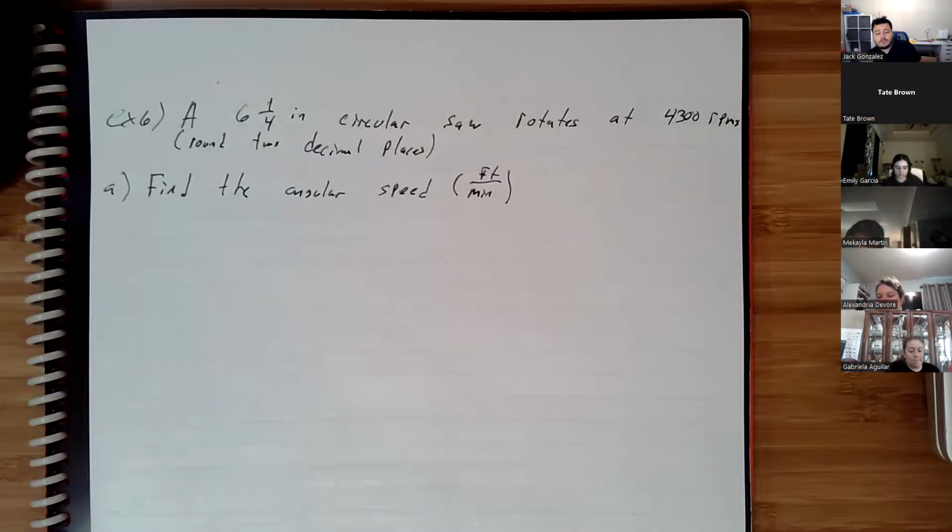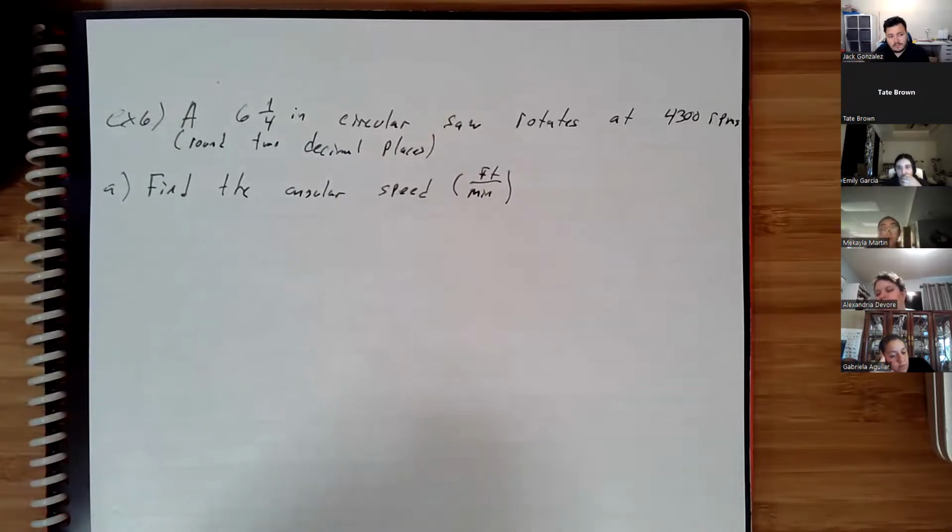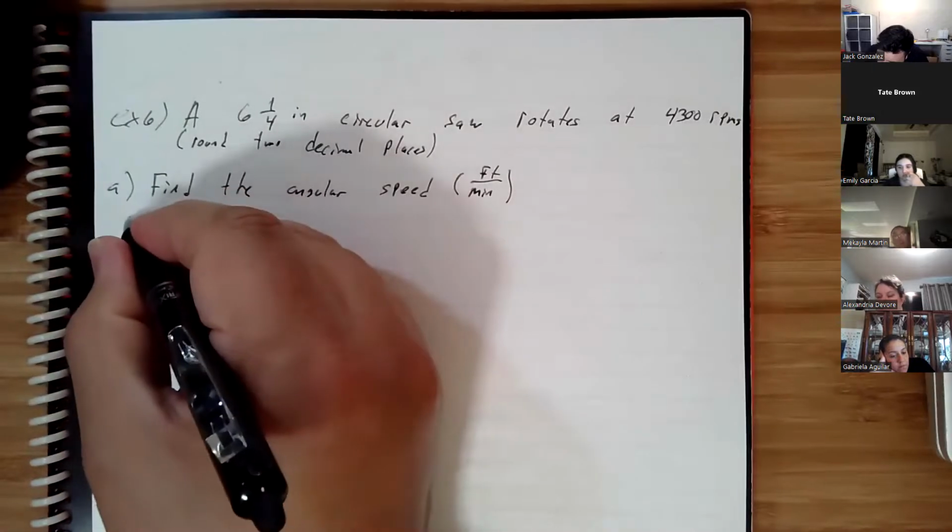First of all, what is an RPM? We hear that all the time in our car. It's rotations per minute. One rotation is 360 degrees, or 2 pi. So we have to convert rotation into 2 pi radians per minute.